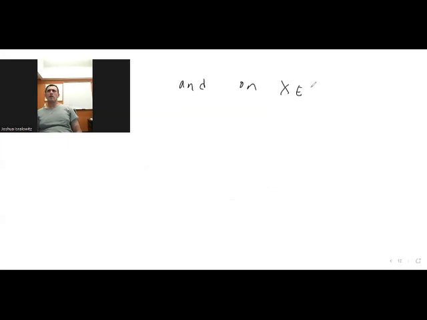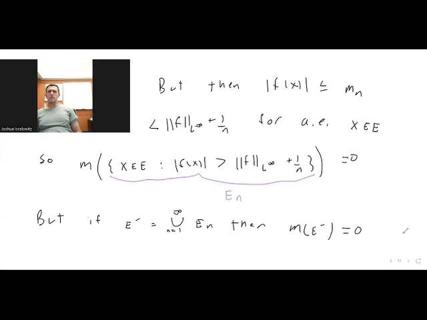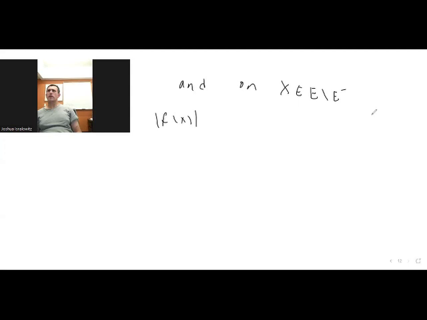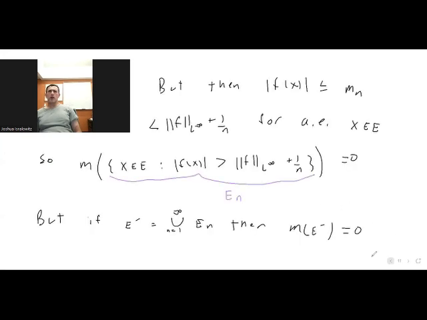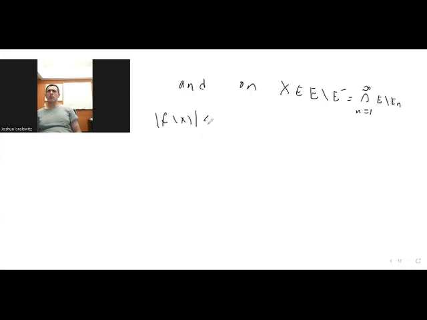And on E, take away E prime. So if we're not in the union, then, to be clear, this is, of course, the intersection of E take away En. So this is kind of like the good set here. Well, this is true for every n.